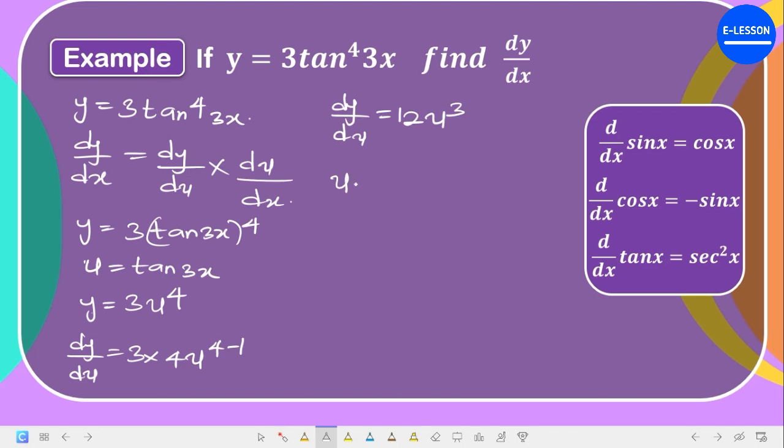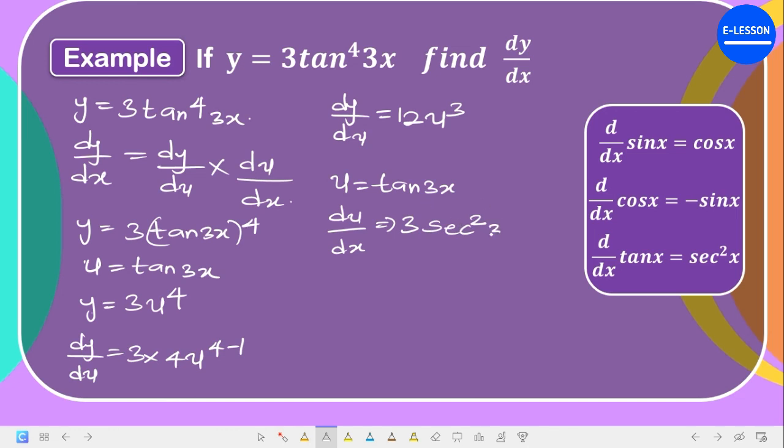Now let's come back to u. We said u is tan 3x. We want to look for du/dx. Now if you want to differentiate tan 3x, the first thing you do is differentiate 3x. If you differentiate 3x, it will give you 3. Then differentiate tan x. Tan x will give you sec square.